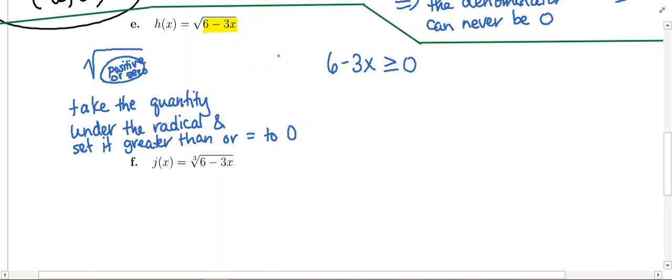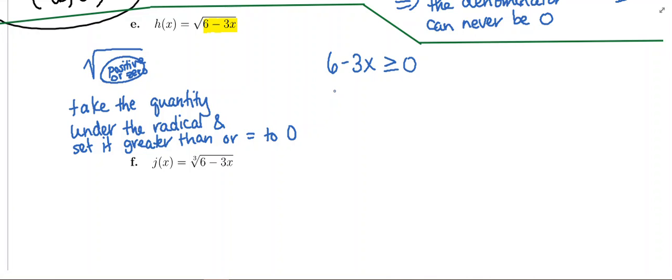If it's greater than 0, that means it's positive, and if it's equal to 0, that's ensuring that what's underneath can be 0. So we're just taking the quantity underneath, setting it greater than or equal to 0 to ensure we get a positive or 0 quantity under the square root.